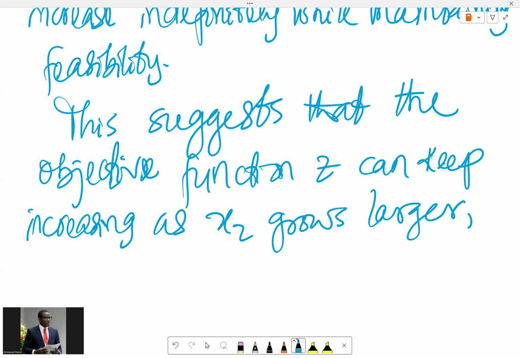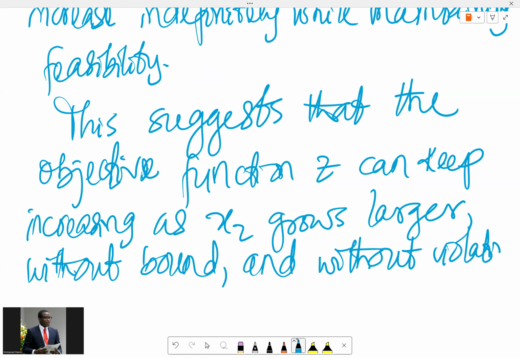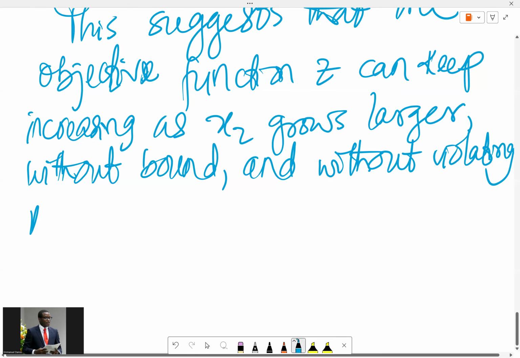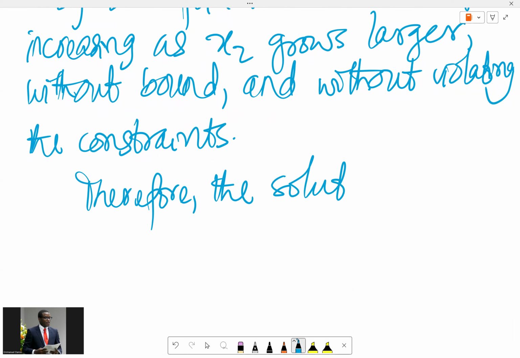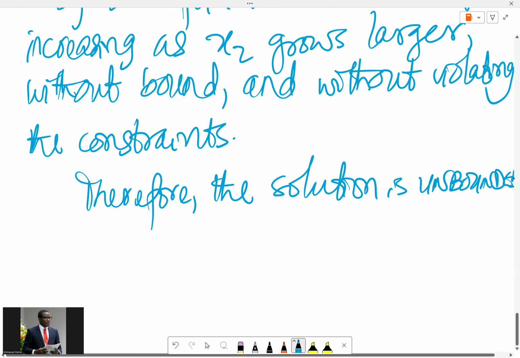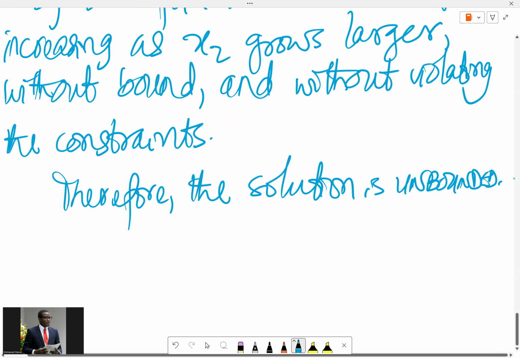As x2 grows larger without bound, and without violating the constraints. Therefore, the solution is unbounded. So if the solution were bounded, it means that x1 and x2 would be within a particular range. Therefore, the solution is actually unbounded, right?